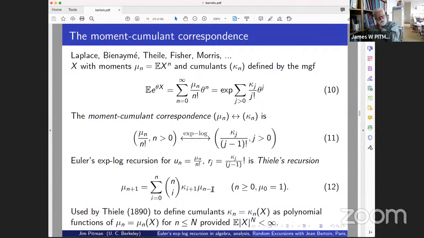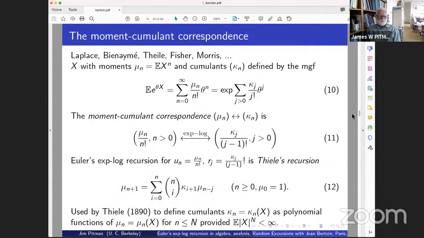Now, this recursion is much harder to understand or interpret, and cumulants are not terribly intuitive things for general distributions of X, but nonetheless, you can use this formula effectively, and statisticians do it. Fisher, in particular, developed quite a lot of statistical theory around cumulants, and used something like this as a sort of polynomial definition of cumulants in terms of moments.